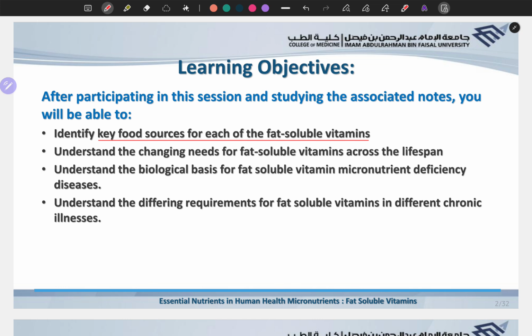And understand the biological basis for the fat soluble vitamin micronutrient deficiency. What causes the deficiency? What can lead to the deficiency? And when there is a deficiency, how will it manifest? If you are familiar with their biological functions, you can predict what you expect to see in their deficiency manifestation, and understand the differing requirements of the fat soluble vitamins in different chronic conditions.